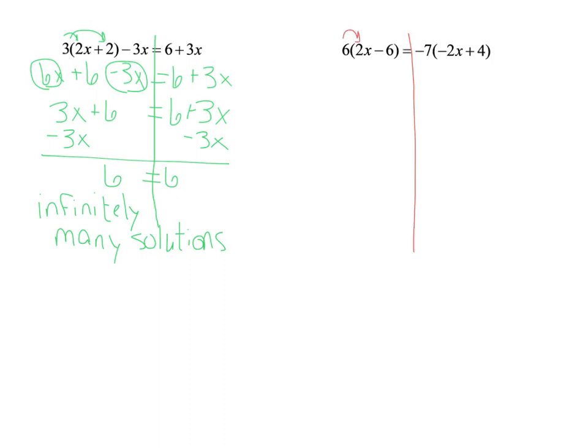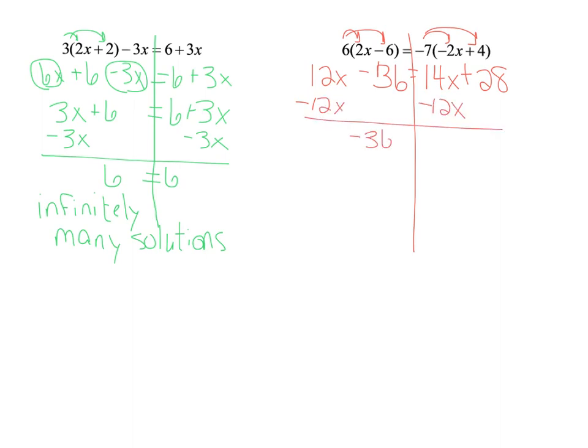Distributive property. 6 times 2x is 12x minus 36 equals negative 7 times negative 2x is positive 14x. 7 times 4 is 28, okay? Both sides are simplified, so I'm going to move my smallest variable. And I get negative 36 equals 2x plus 28.